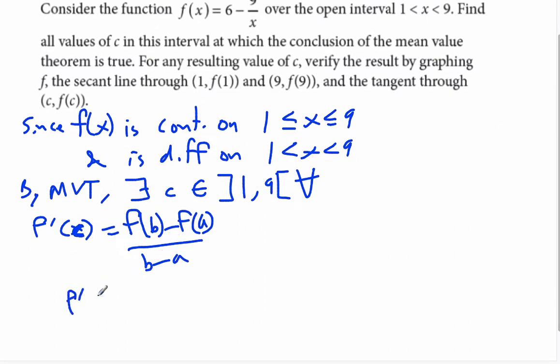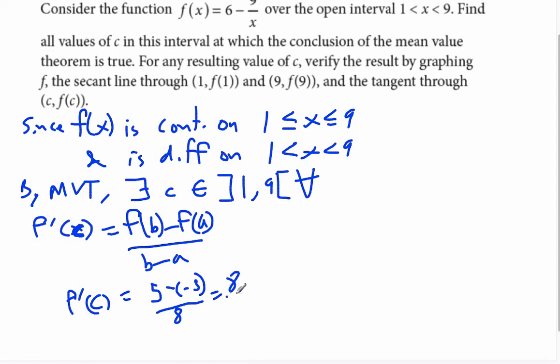Okay, so we have f'(c) equals, now f of 9 is going to be 5, and f of 1 is going to be negative 3, so you're going to have minus negative 3, and we've got b minus a is going to be 8.